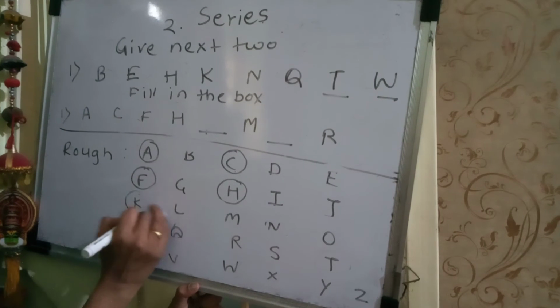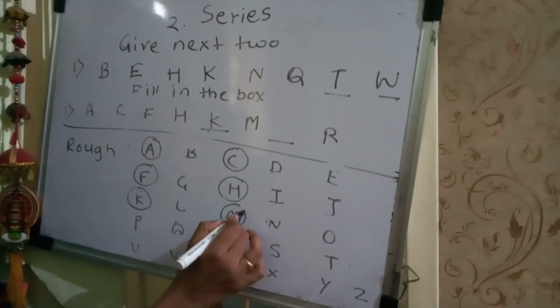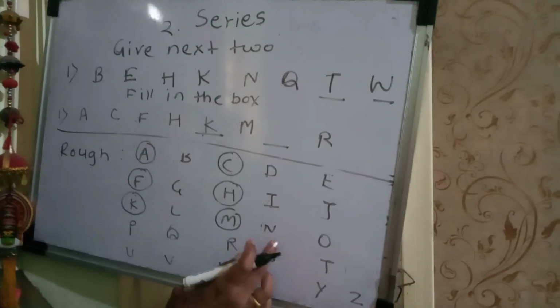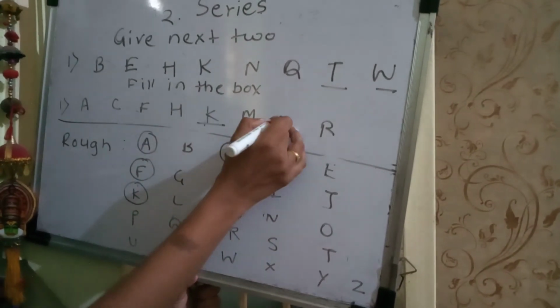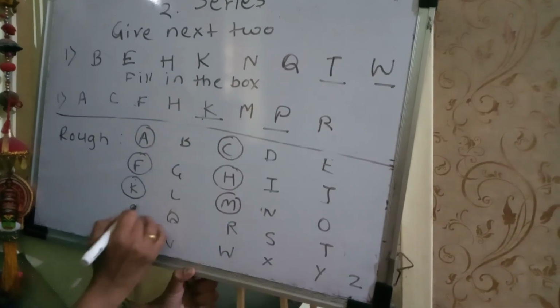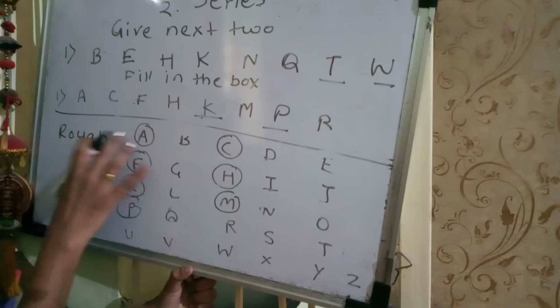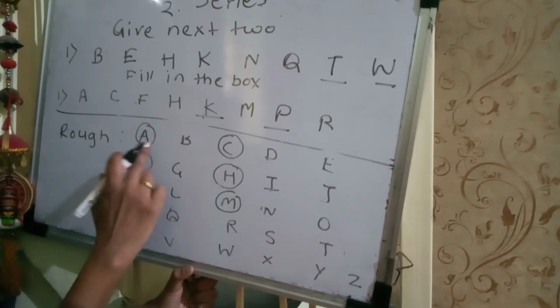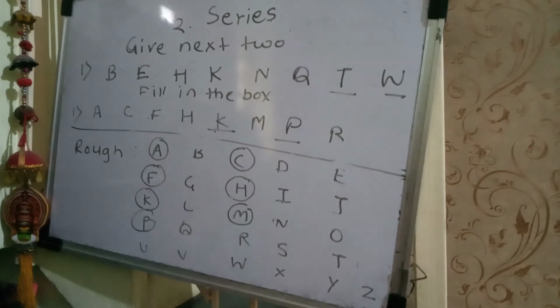Now what will come here? K. M is given. Leave two letters. N and O. What will come here? P and Q. So every time write the alphabet from A to Z and find out the answer.